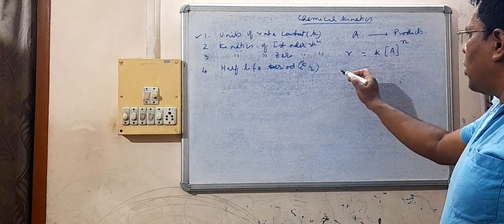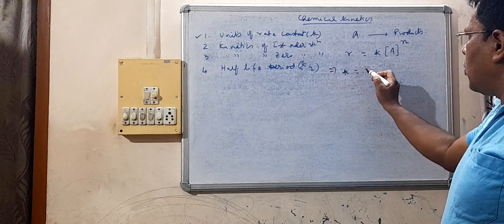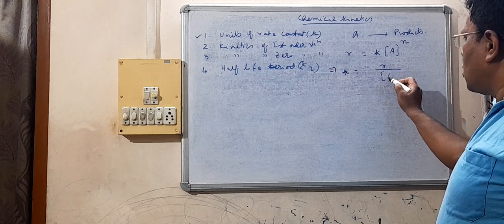So you see, from here on rearranging we can write k = R / [A]^n.